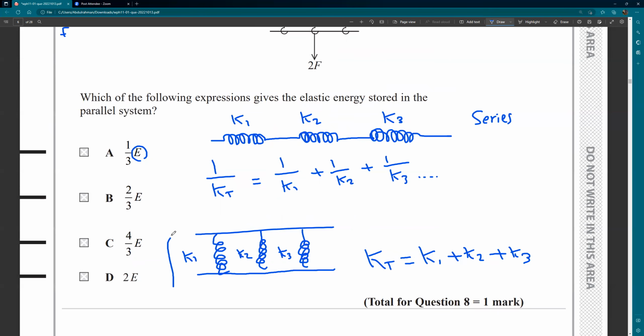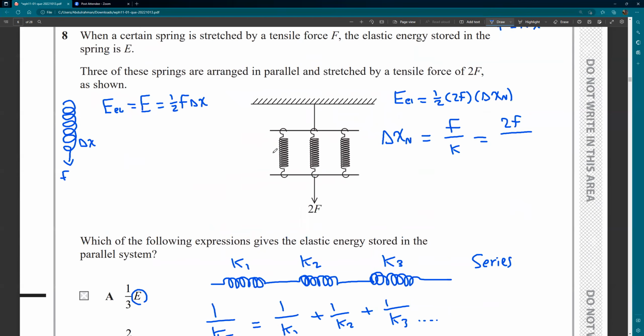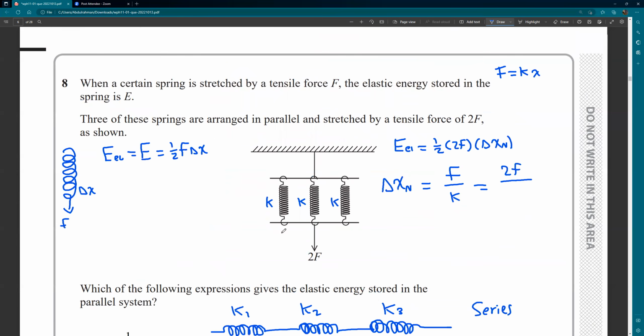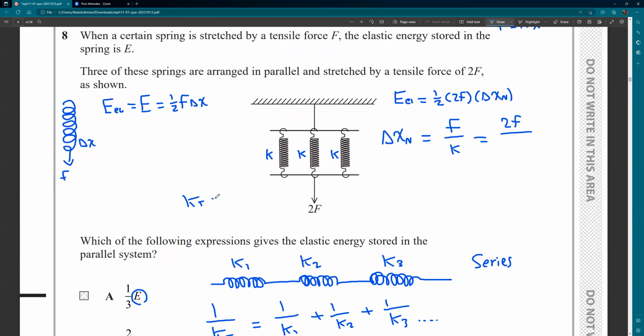So we have a parallel system, so the total spring constant is just going to be the sum of the springs. This has a spring constant K, this has K, and this one K, because it's the same spring. So your total spring constant is K plus K plus K, which is 3K. So this is the spring constant of this system. We said the extension of this new system is the total force, 2F, divided by the total spring constant, 3K.